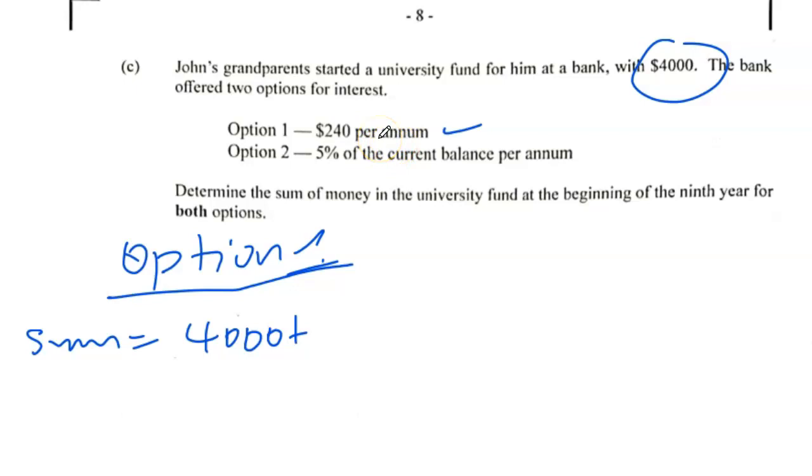So at the end of the 8th year, that would be 8 years, and each year the interest will be $240. So the sum will be 4,000 plus you add 240 8 times, right? Because interest is not paid until the end of the year. So we won't count the 9th year. Alright, so 4,000 plus 8 times 240, that's $5,920.